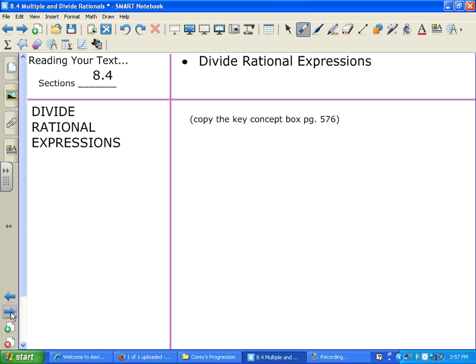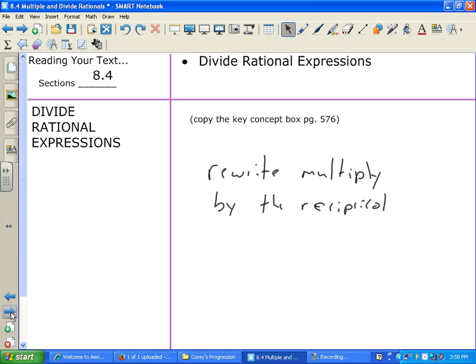So to divide fractions, we rewrite and multiply by the reciprocal. So, when we're dividing fractions, we'll rewrite, factor, and then simplify.